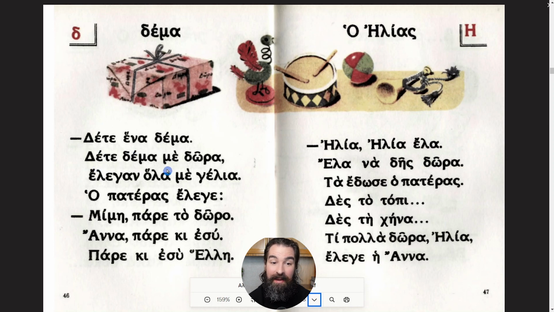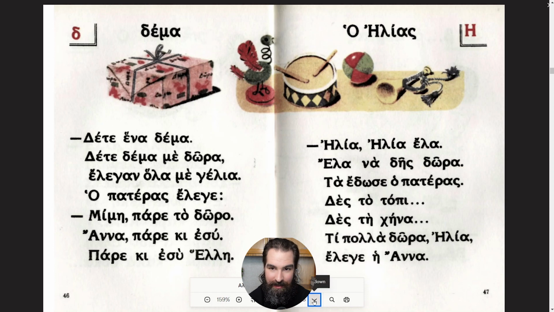Δέτε δέμα με δώρα. Έλεγαν όλα με γέλια. Ο πατέρας έλεγε, Μίμη, πάρε το δώρο. Άννα, πάρε και εσύ. Πάρε και εσύ, Έλλη.